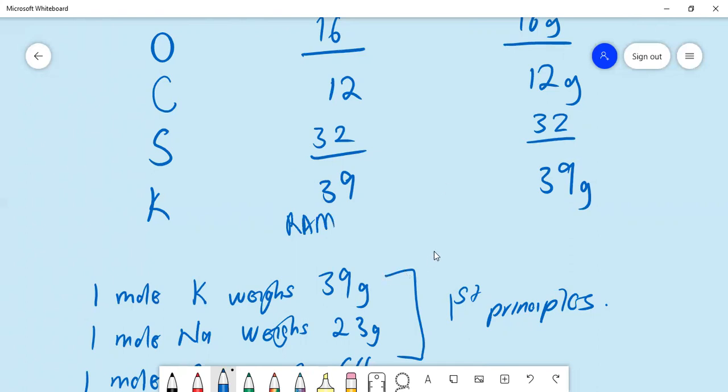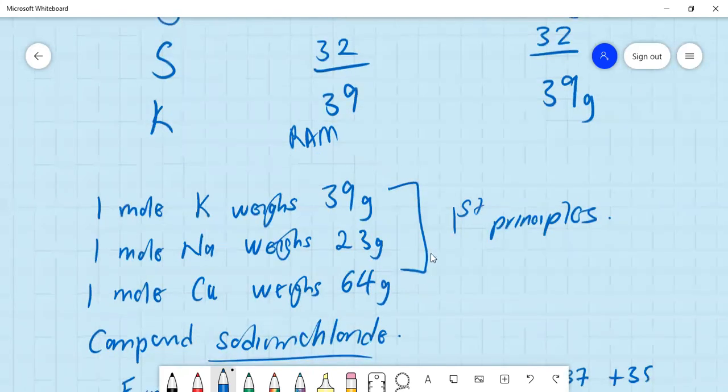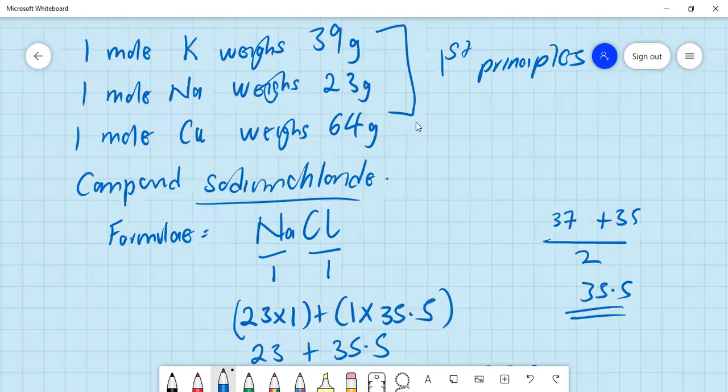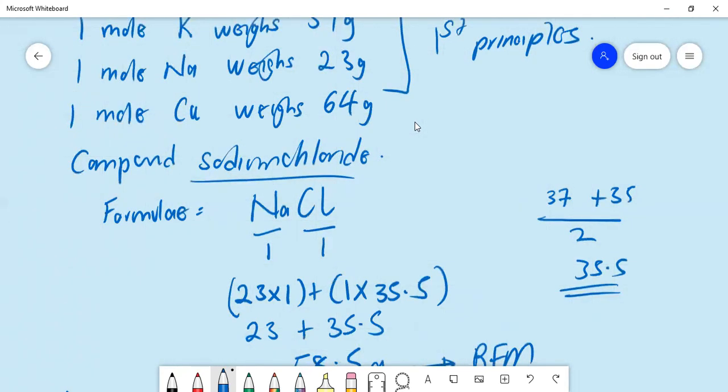Then we looked at also the compounds. In case I have maybe sodium chloride, the first thing you must know is to identify what the formula of sodium chloride is. That means you say sodium chloride has Na as sodium, then Cl as chlorine. That means it contains 1 sodium atom and 1 chlorine atom.